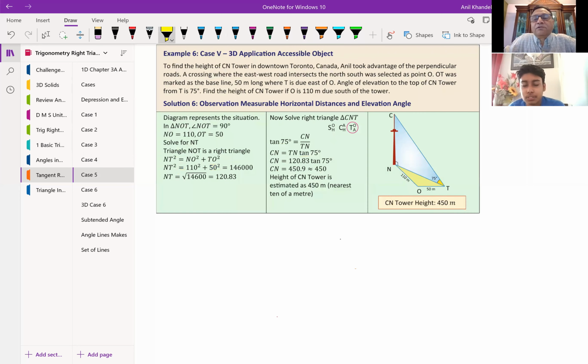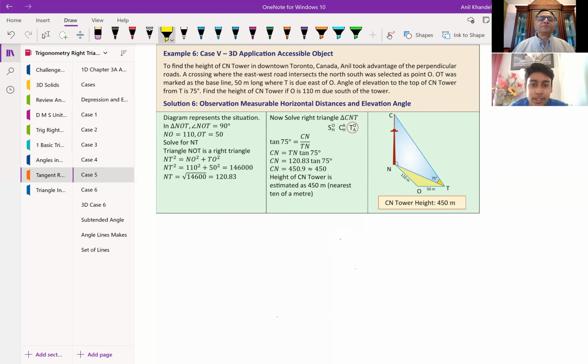Another type of example could be in 3 dimensions, right? You know the CN Tower, correct? We're trying to find the height of the CN Tower while traveling in downtown Toronto. Read this question. To find the height of the CN Tower in downtown Toronto, Canada, Anil took advantage of the perpendicular roads.